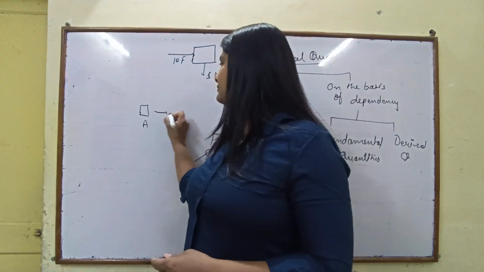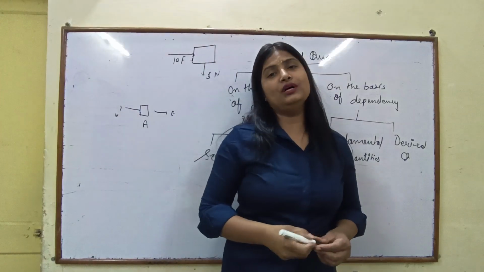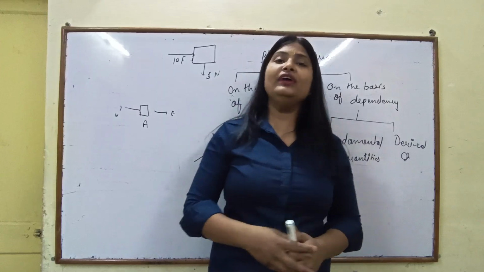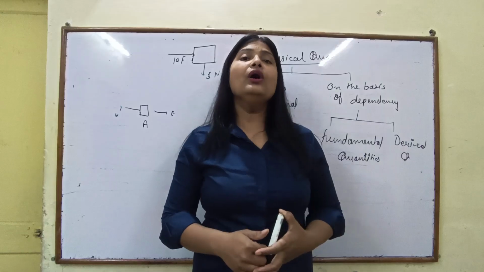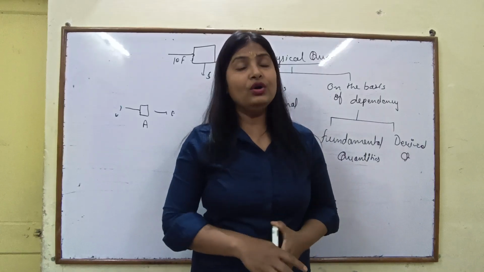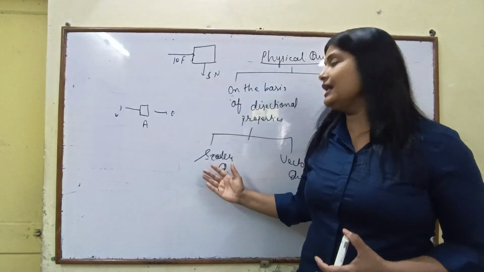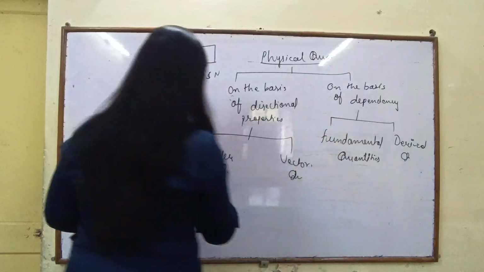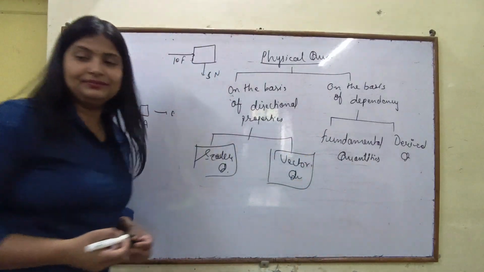In east side, west side, north or south? Which direction are we going? So we need to express direction here so that we know the direction of movement or displacement. That's why physical quantities are categorized into two major categories: first is scalar quantities and second is vector quantities.